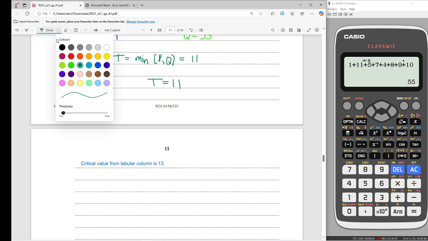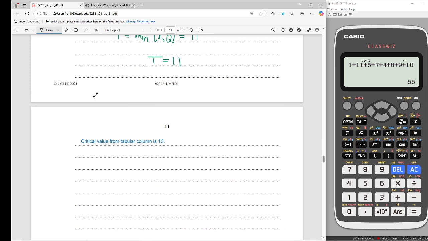Now that we have this, we can get to our conclusive statement, where we compare the test statistic and the critical value. 11 is obviously lower than 13. This is a non-parametric test, which includes the signed rank test, Wilcoxon matched pairs, and any non-parametric test.